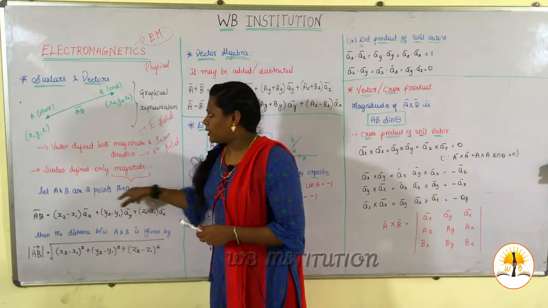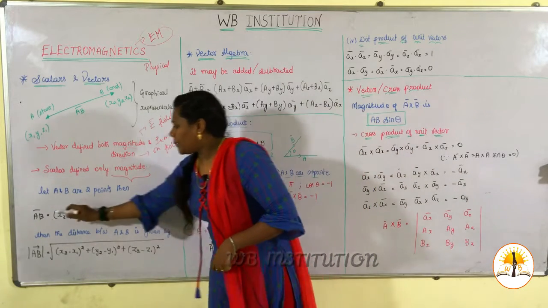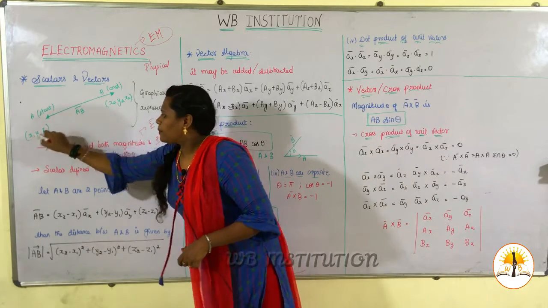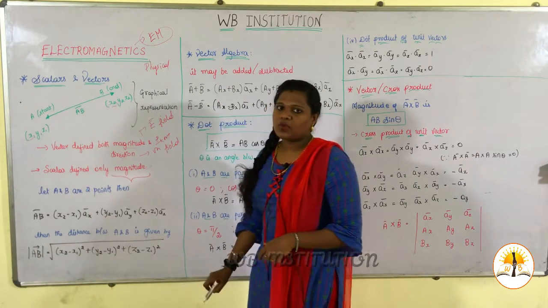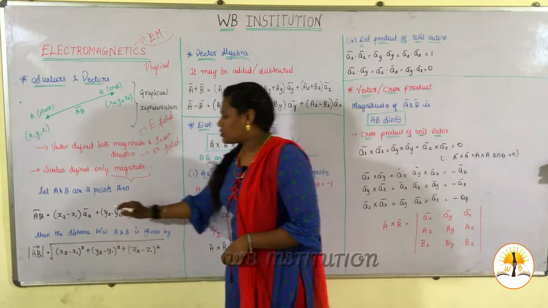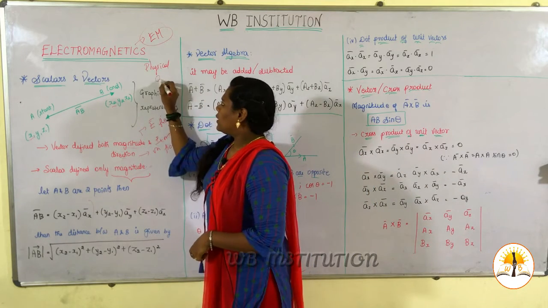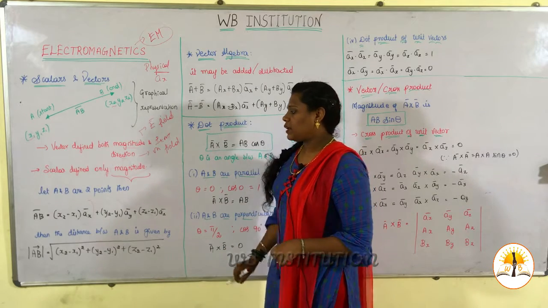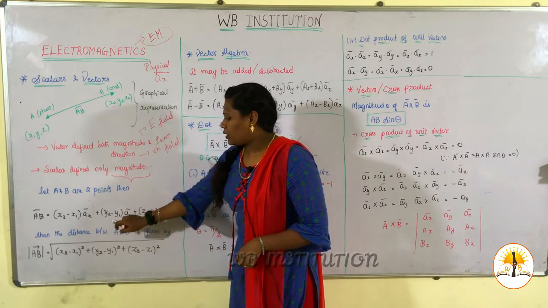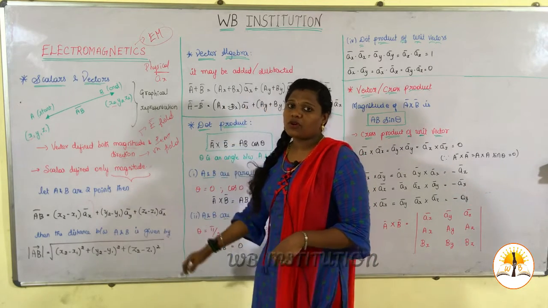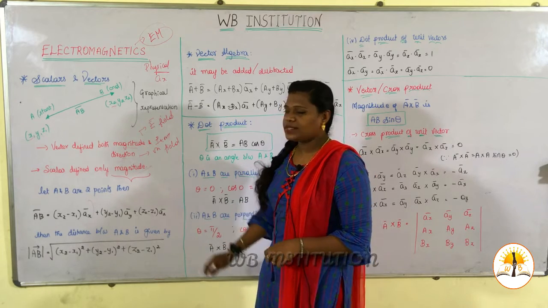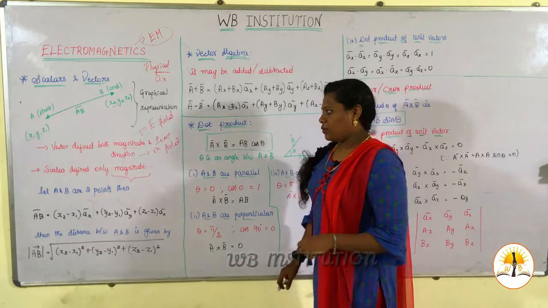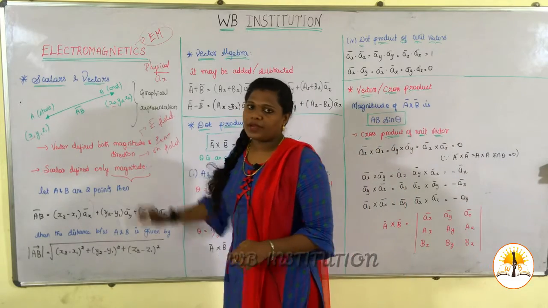Then the vector AB is (x2 minus x1) ax vector, plus (y2 minus y1) ay vector, plus (z2 minus z1) az vector. These are the points we are going to apply to our line.